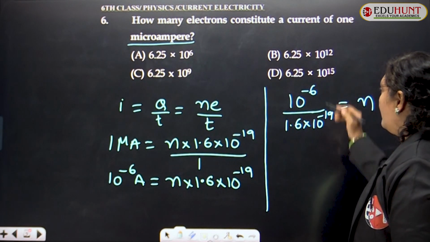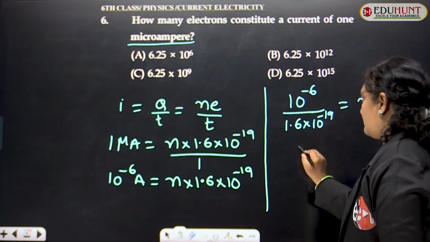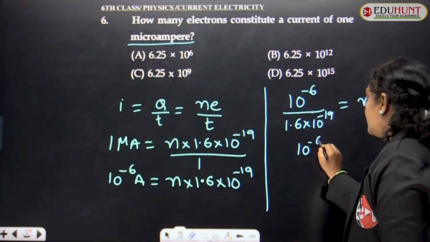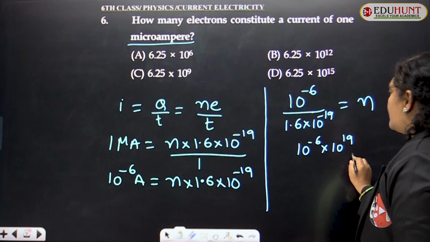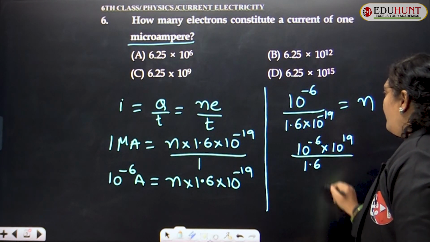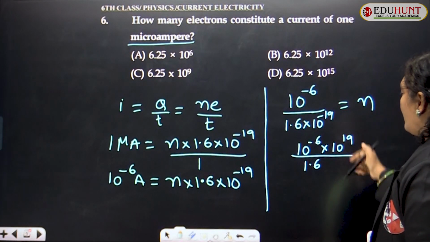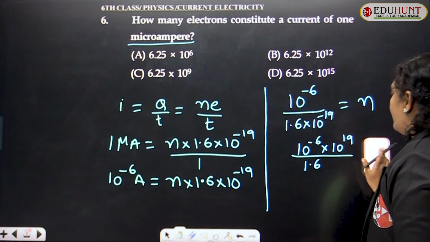Bringing this to the other side, 10 power minus 6 into 10 power plus 19, because minus 19 goes up and becomes plus 19, upon 1.6 is the value of your n.